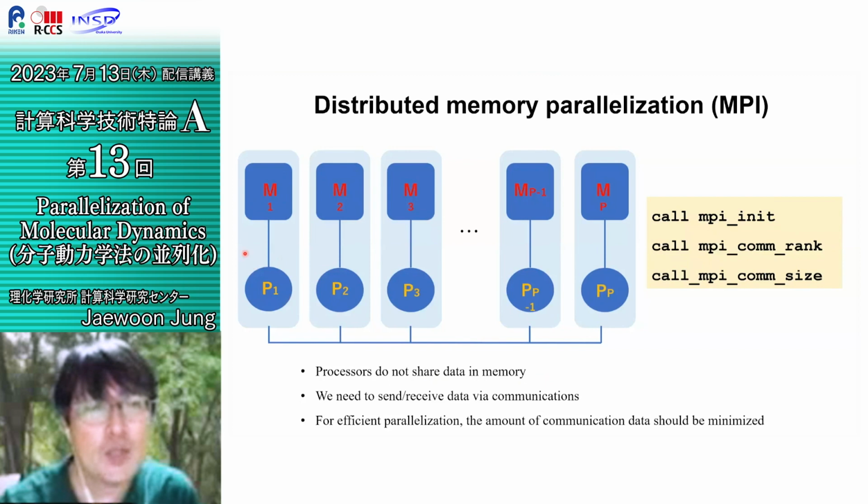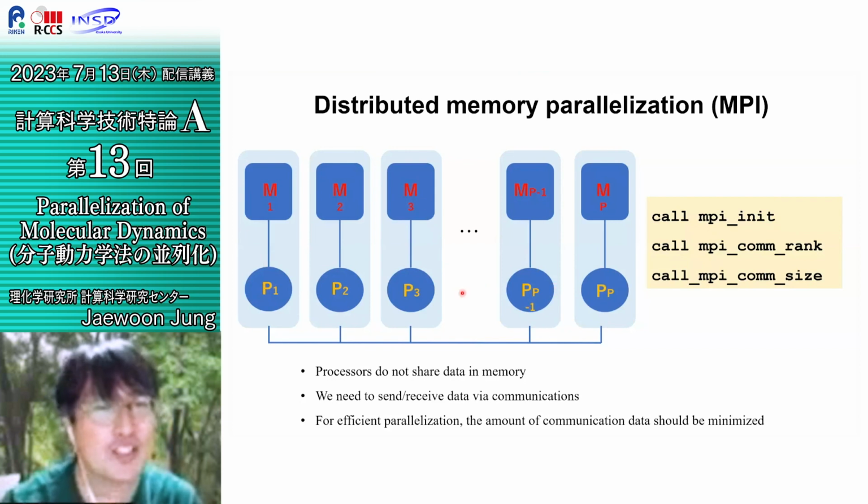So between processors, we need communication, and we need to send and receive data to each other. For sending and receiving, we need some kind of key to match each other. For example, this one wants to send data to this processor. But if the data went to a different processor, then the result would no longer be accurate, and we could not proceed with the calculation.